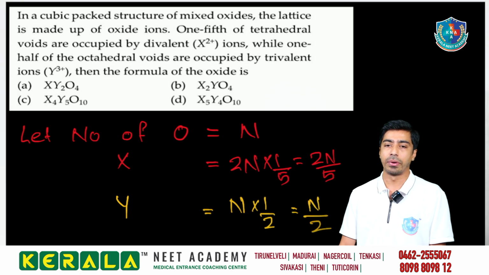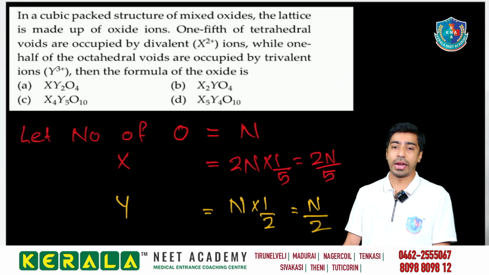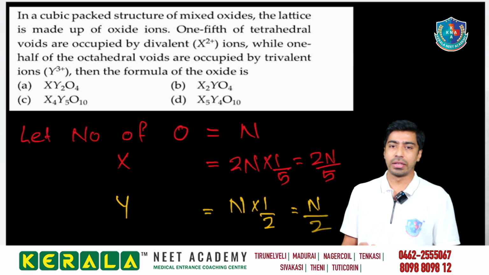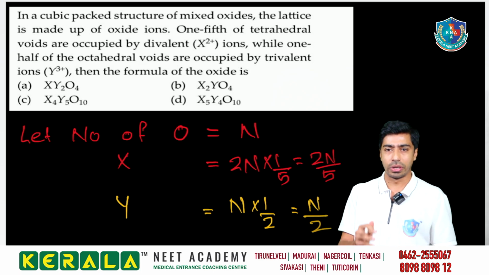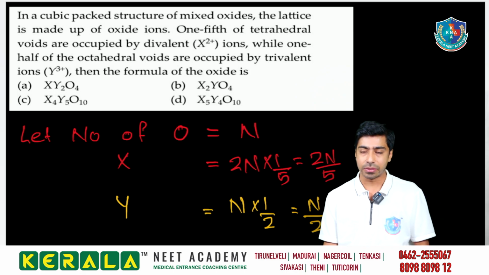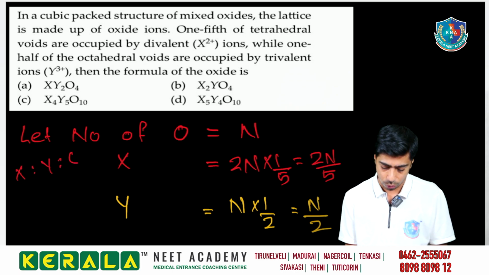So you have n numbers of oxide, 2n by 5 numbers of x, and n by 2 numbers of y. The formula is given in the ratio x is to y is to O, so we have to find the ratio for x, y and O.